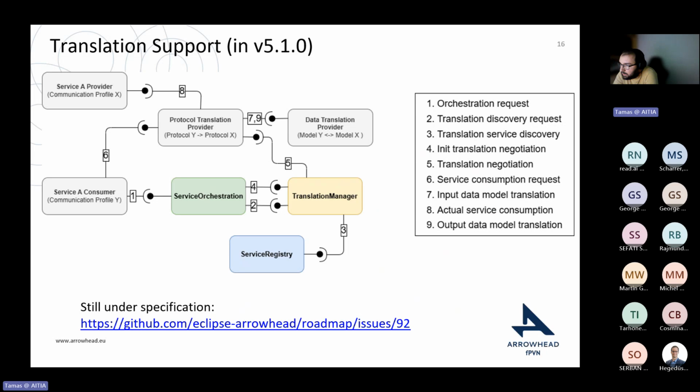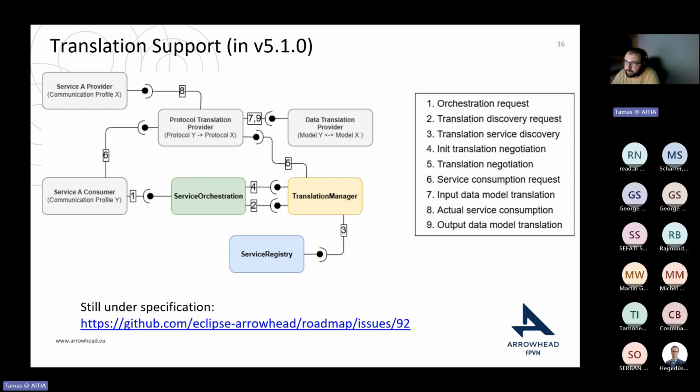So everything starts with the service consumer orchestration request to the service orchestration. The service orchestration will, of course, query the service registry and will see that there is no proper provider who is providing its services via the required interface, but there are other ones who are providing the same service but with a different interface.